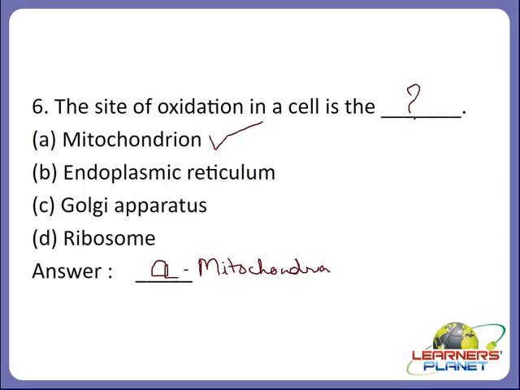It is serving as a site where the modification or packing or storage of these materials will take place. Which material? Those which are synthesized by the endoplasmic reticulum. Ribosomes, they are involved in the protein synthesis. So of course, which is the remaining option here now? It is mitochondria. And thus it is the right answer here.